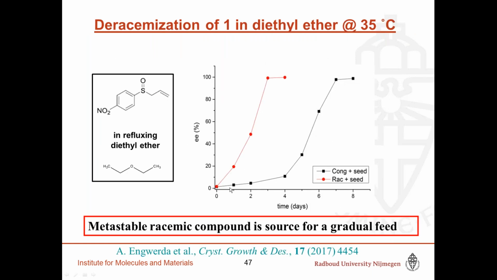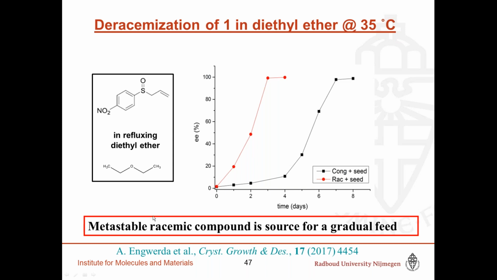Doing the Viedma ripening on this conglomerate was very well possible, as you can see, and he managed to do that in about 7 days for, let's say, a 10 milliliter solution. But he found out by accident that sometimes he produced a racemic compound instead of the racemic conglomerate.